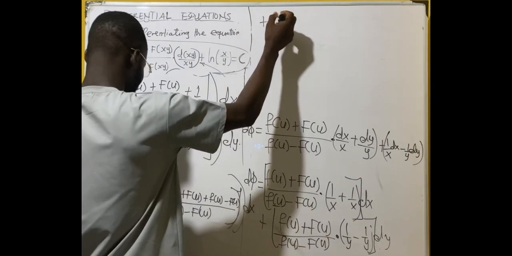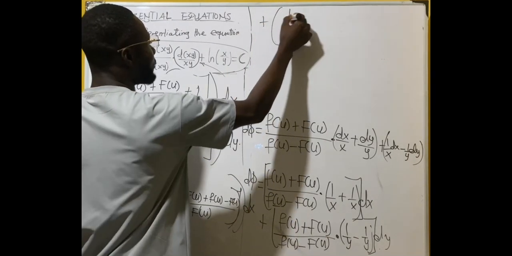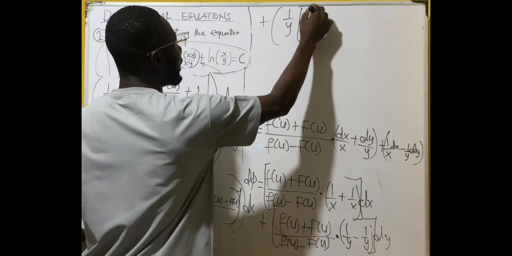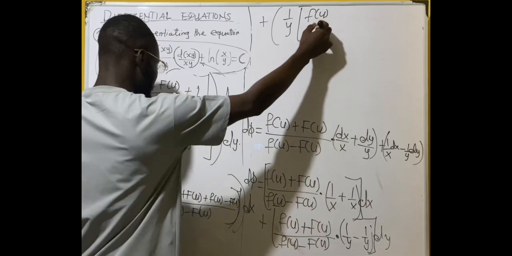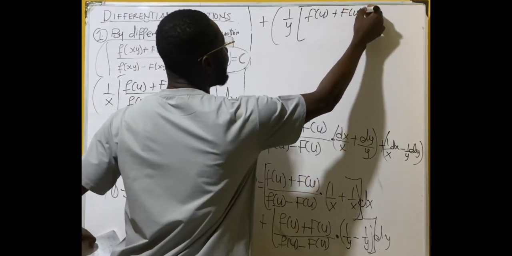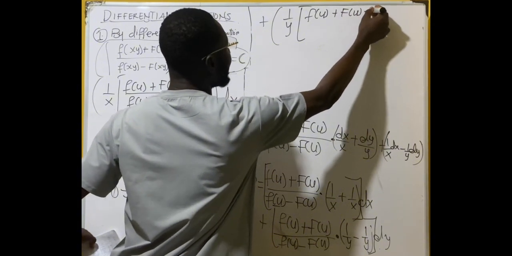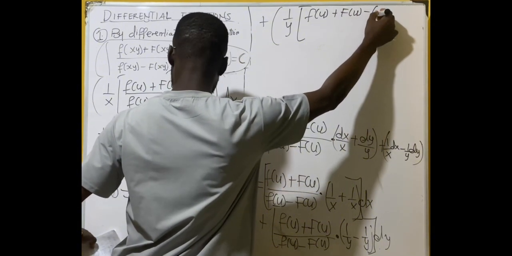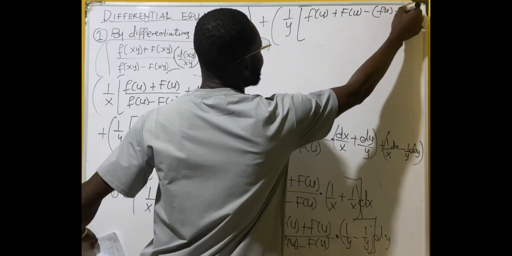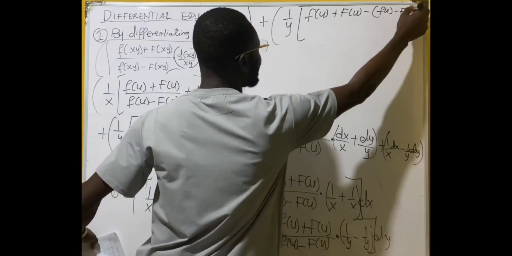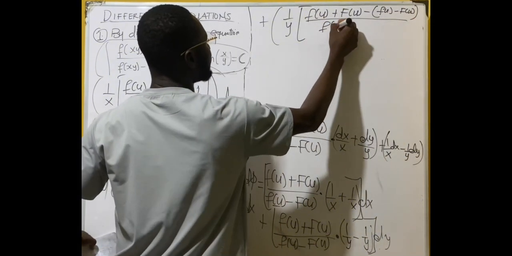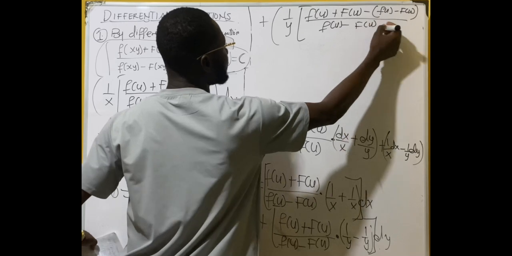So plus 1 over y into f of u plus big F of u minus f of u minus big F of u, all over small f of u minus big F of u.